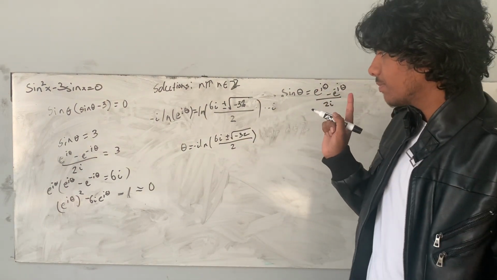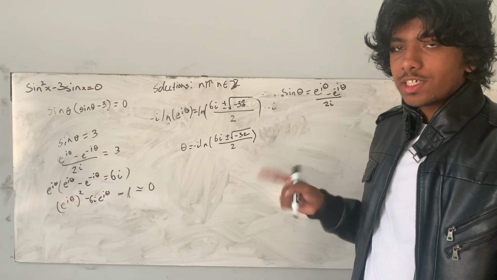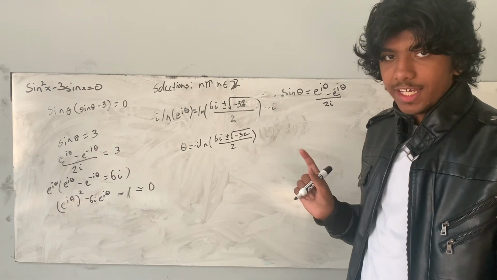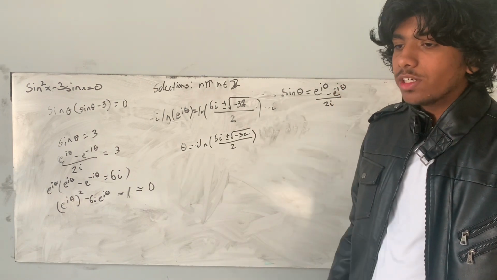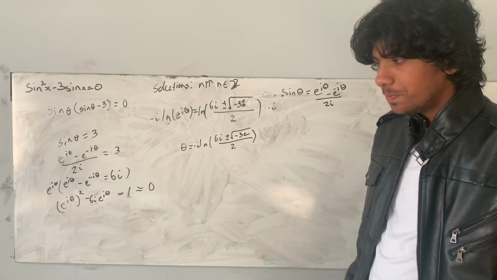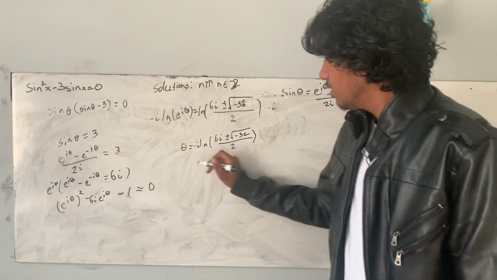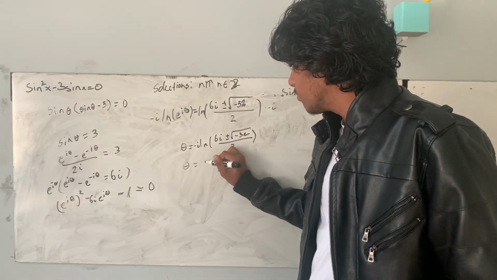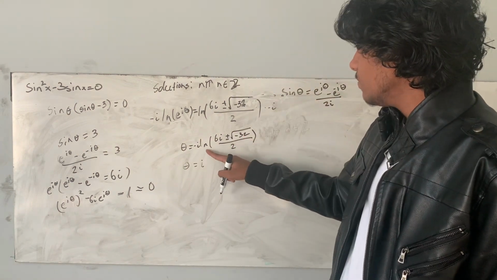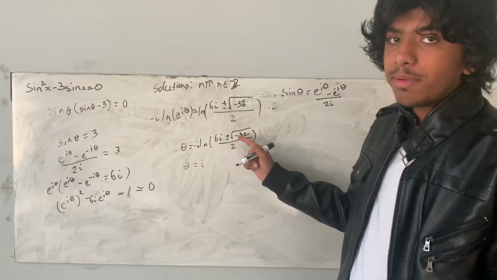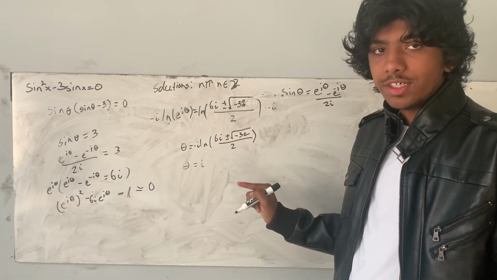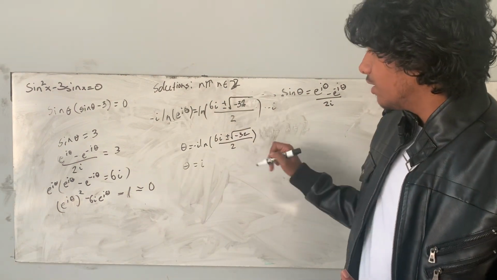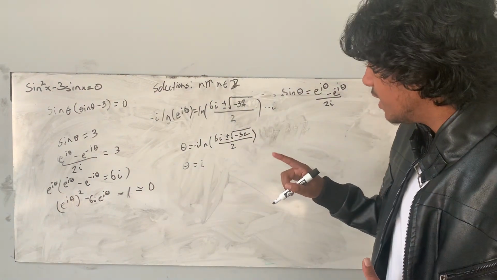So, if you felt uncomfortable with the fact that there's an i inside the natural log, and natural log doesn't even work for negative numbers, let's fix that. So theta equals... let's make this the same thing as plus or minus i square root of 32. That's what i means. So I'm going to factor in i at the same time.